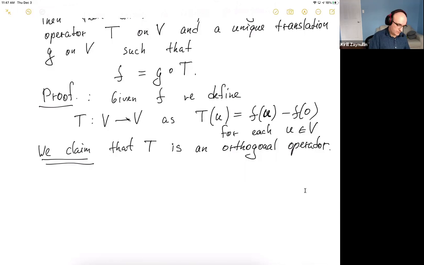First of all, let's observe that if you just define a function like this, just taking the difference, T itself is a rigid motion. Why?